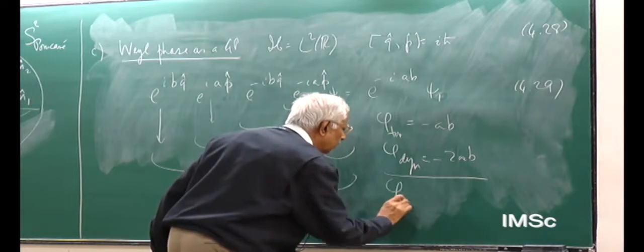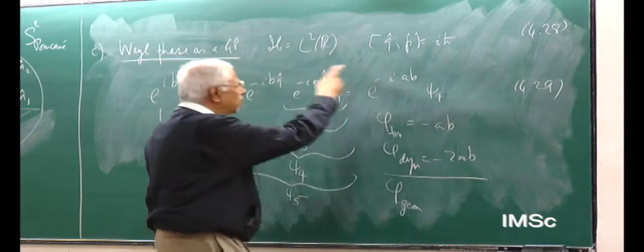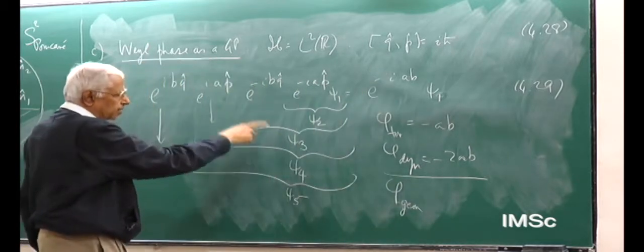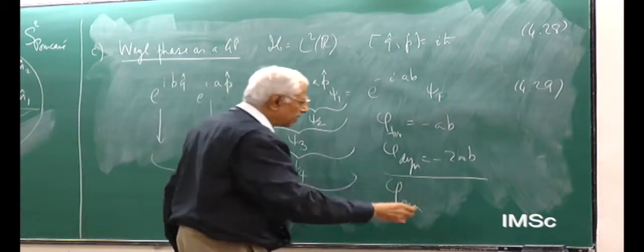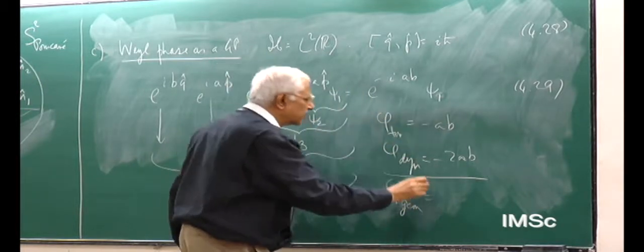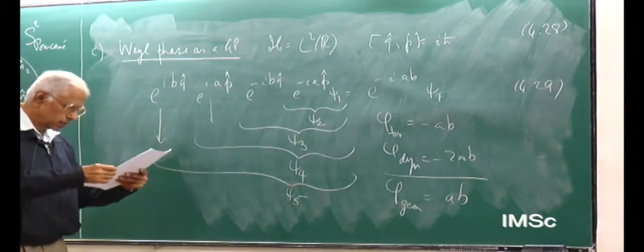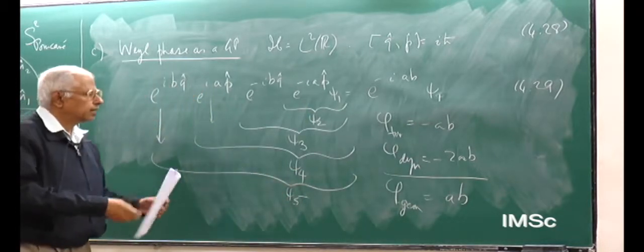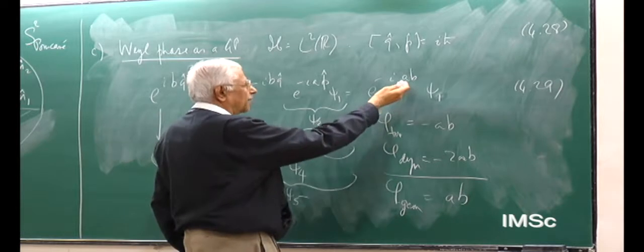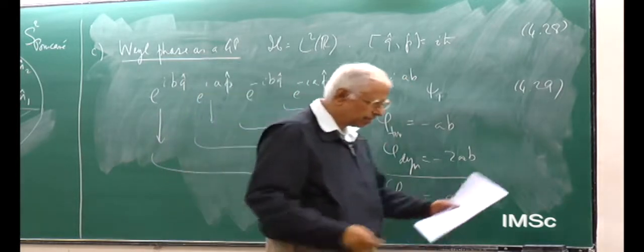And therefore, the geometrical phase for this cyclic evolution in the ray space is exactly phi total minus phi dynamical. It is AB. So this is, apart from sign, the Weyl phase in the original commutation relation.